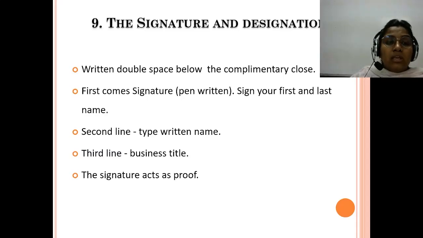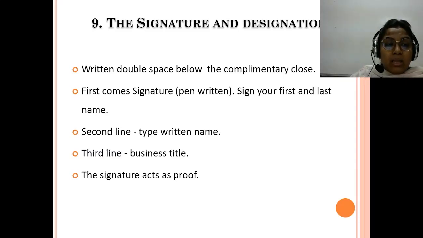A handwritten signature helps in establishing a rapport with the recipient, even if this is your first communication.